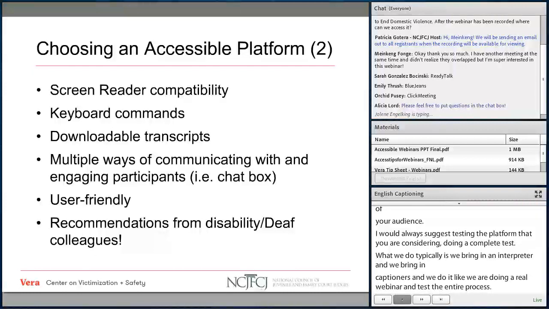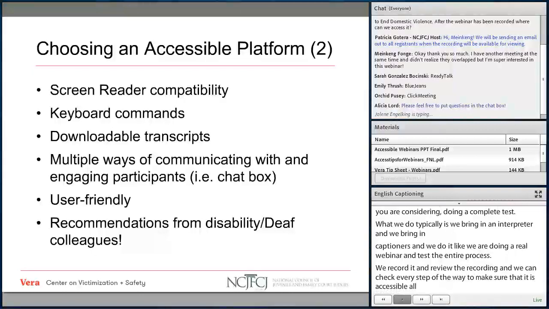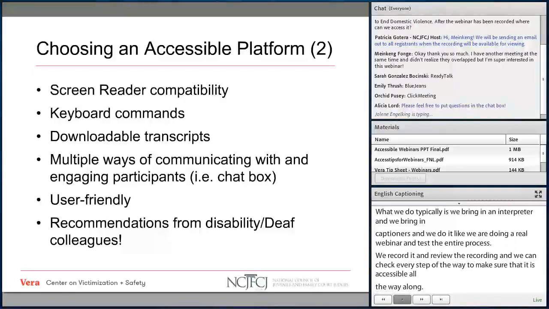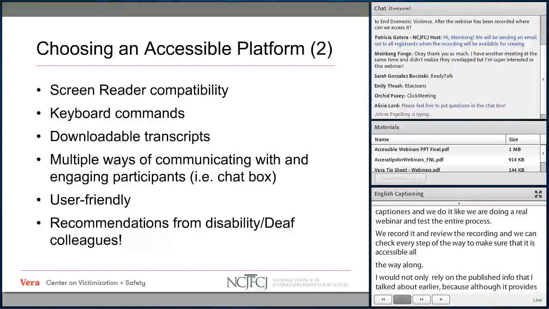I wouldn't only rely on that published info that I talked about earlier, because although that provides information on 508 compliance, so it provides information on accessibility compliance for the federal government, it doesn't necessarily promote best practices, which is a little bit more specific and in-depth.